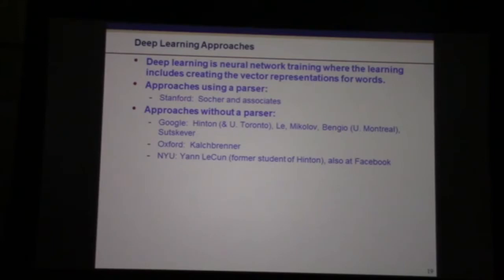Of course, Yann LeCun has been doing these sorts of things for a while with images, zip codes, and that sort of thing. The advantage of the deep learning approach is you usually get better results when there is a lot of data. If you don't have a lot of data, sometimes you get better results with the constructive approach. So that's the thing to keep in mind.